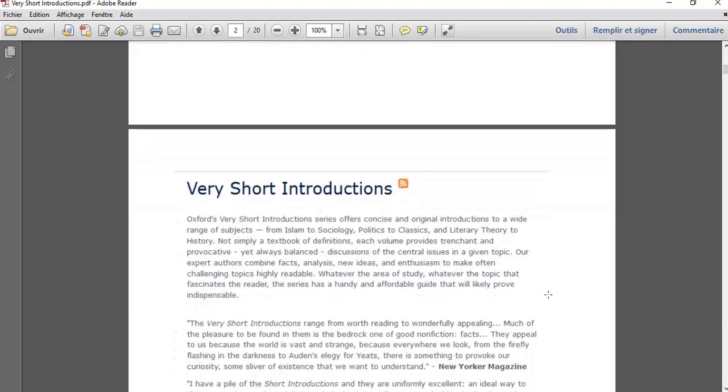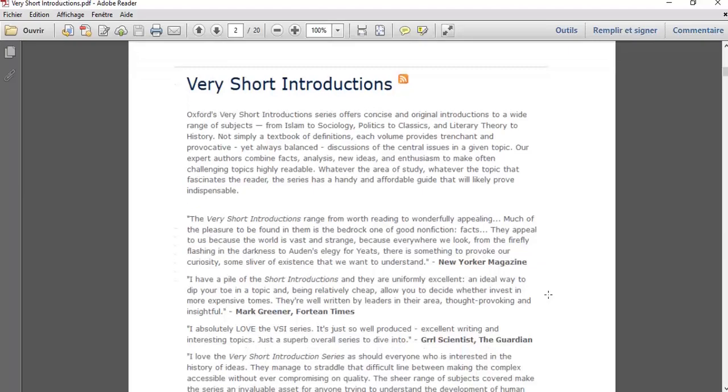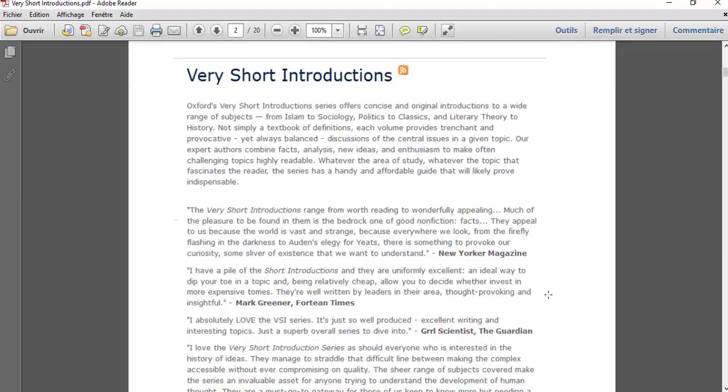The Very Short Introductions, in the very words of the publisher, of the creators and editors of this collection, is, I quote, "a series which offers concise and original introductions to a wide range of subjects, from Islam to sociology, politics to classics, and literary theory to history.